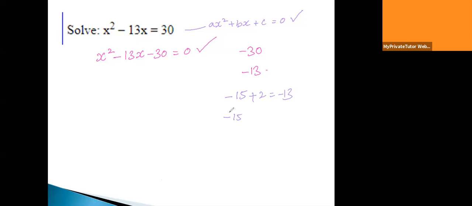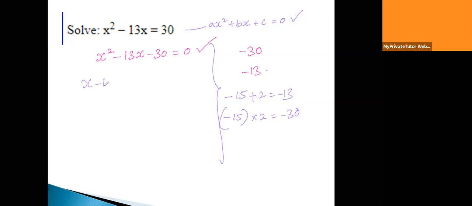If you multiply minus 15 and 2, it is minus 30. So that's what we got. So (x minus 15)(x plus 2) equals 0. So x equals positive 15 comma minus 2. I hope everyone understands this.